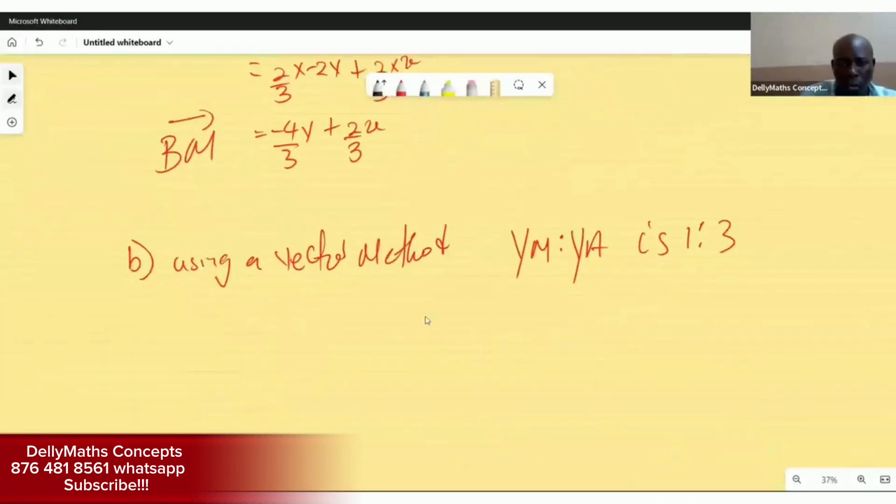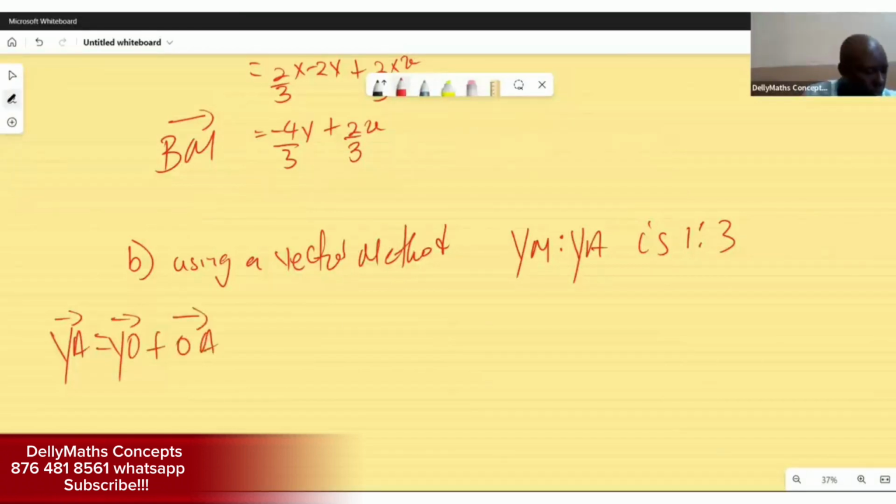Looking back at what we have there, let's go for YA. If I'm going to find YA, I'm going to move from Y to O, then I'm going to move from O to A. Remember though, YA is minus V plus OA, which is 2U. So there it is, I have my YA. Now I'm going for YM.